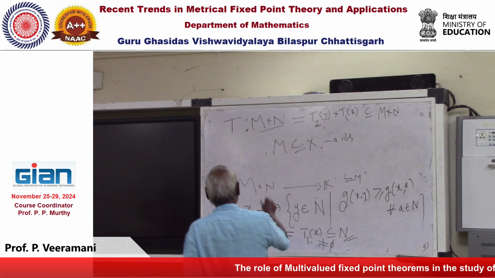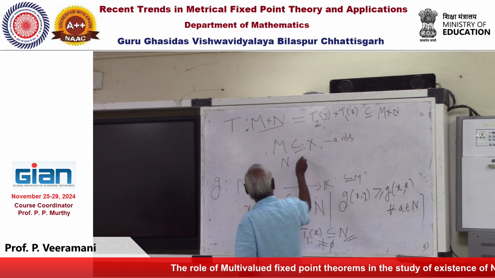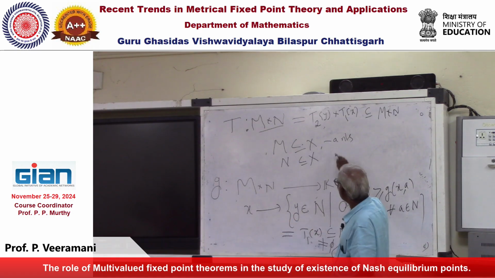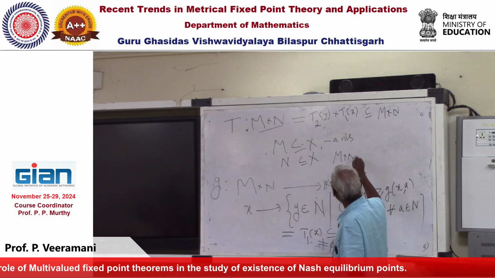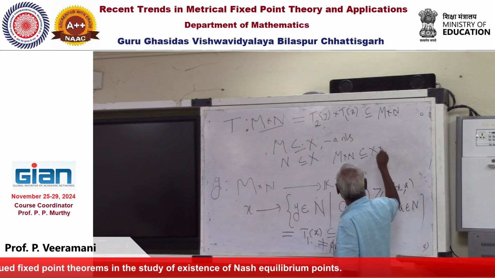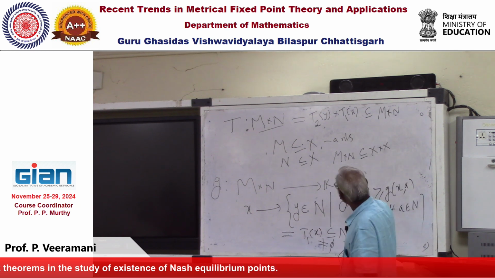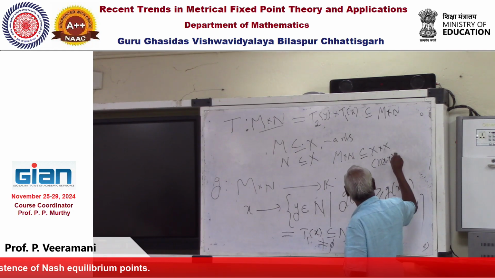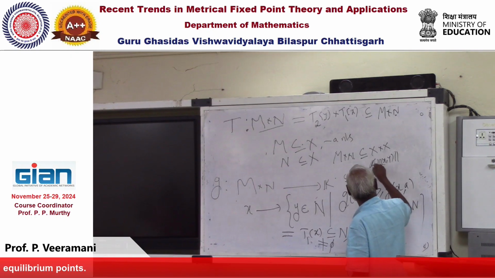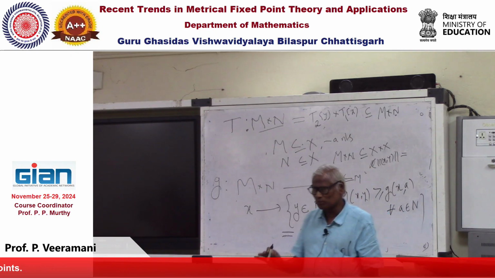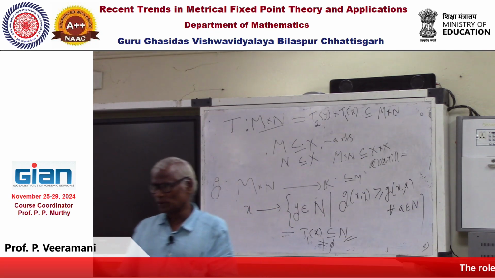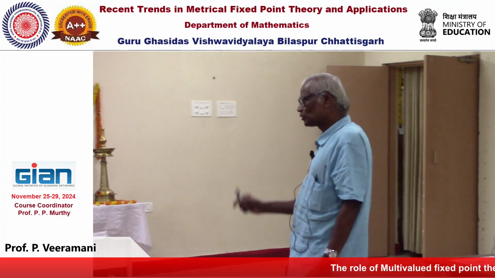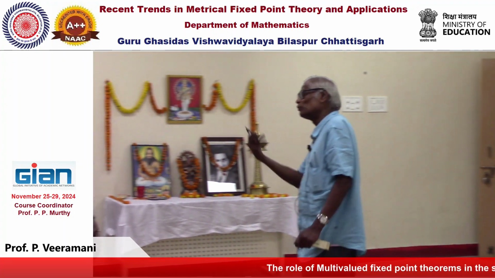Then M cross N is a subset of X cross X. Can you define a norm on X cross Y? If X is a normed space and Y a normed space, then X cross Y also has a product norm. There are many ways to define it.